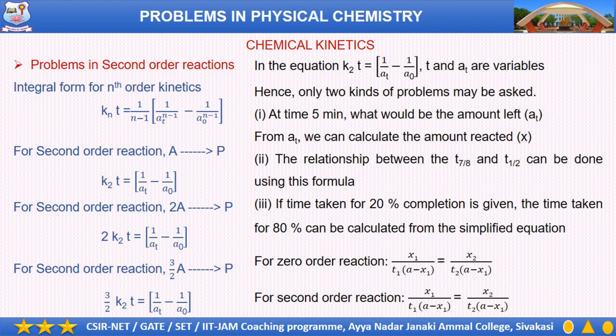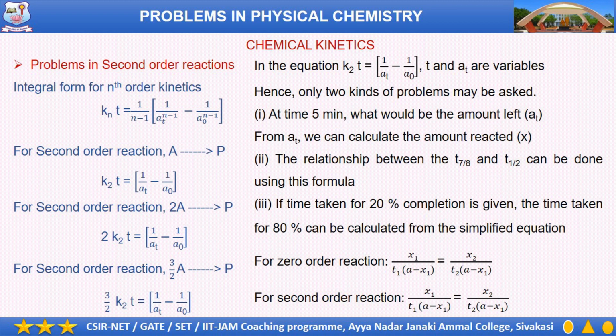Therefore, this is the first equation, and this equation can be adapted. What is the relationship between the time for the completion of this one and the time for the completion of 3/4 or 7/8, the relationship with T half? That can be done using this formula.